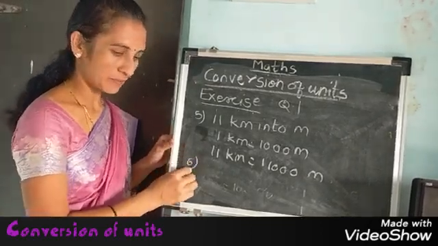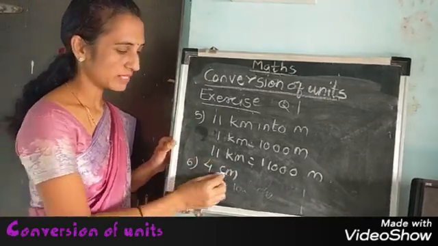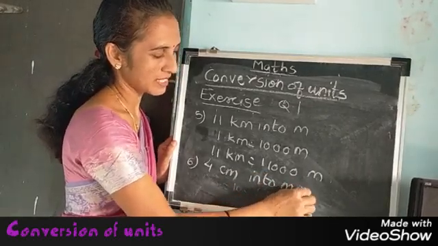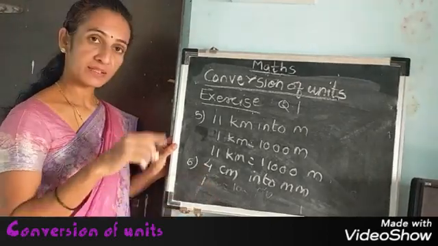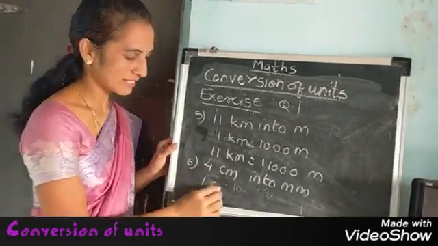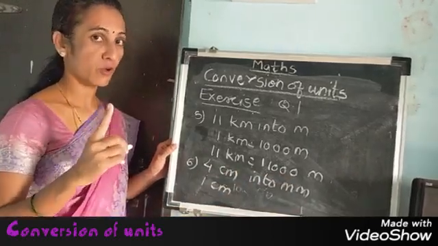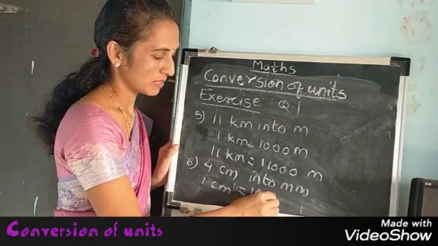Now sixth example also I am explaining here. It is little different. 4 centimeter into millimeter. I am writing here short forms. Mm shows millimeter. Now first point of note we have to write 1 centimeter. Centimeter and millimeter is there in the first point of note. 1 centimeter is equal to 10 millimeter.